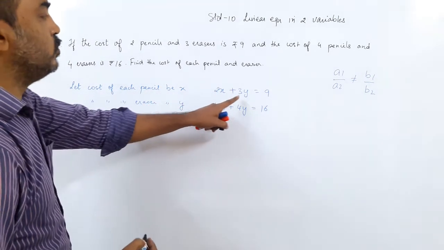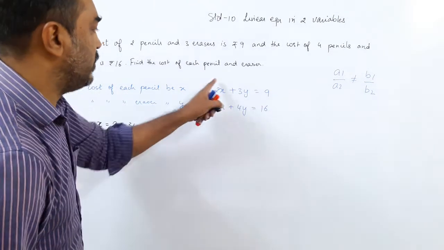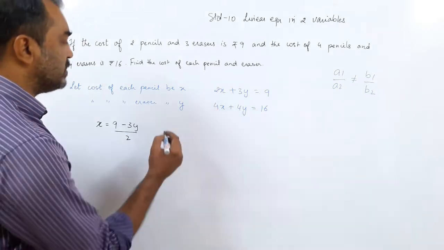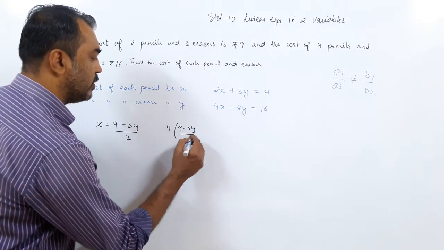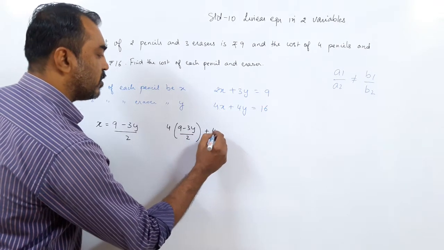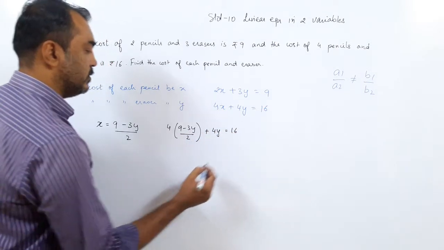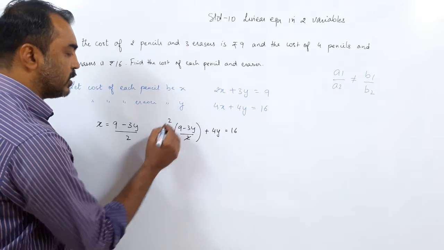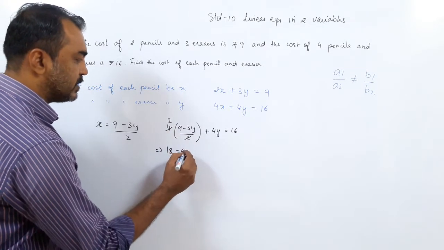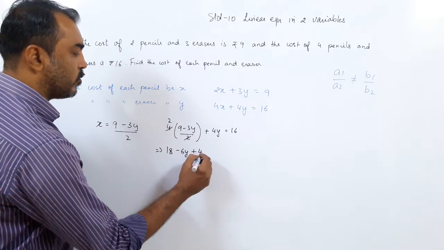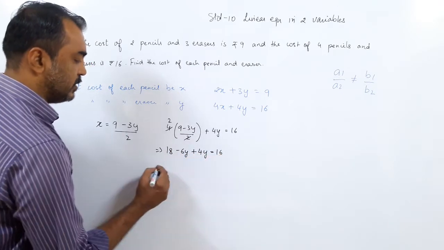So x equal to 9 minus 3y upon 2. Replacing this in the second equation, substitution: 4 into 9 minus 3y upon 2 plus 4y equal to 16. 2 ones are, 2 twos are cut. We get 2 nines are 18 minus 6y plus 4y equal to 16.